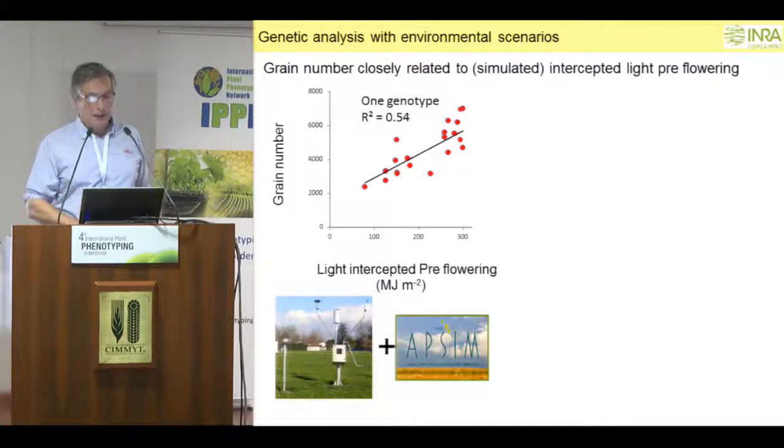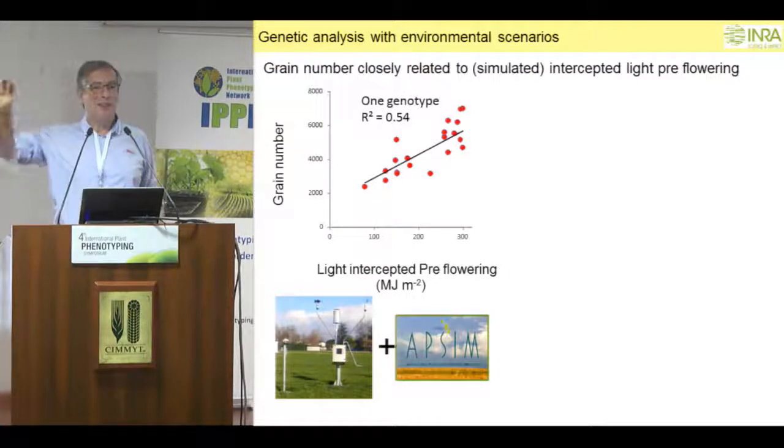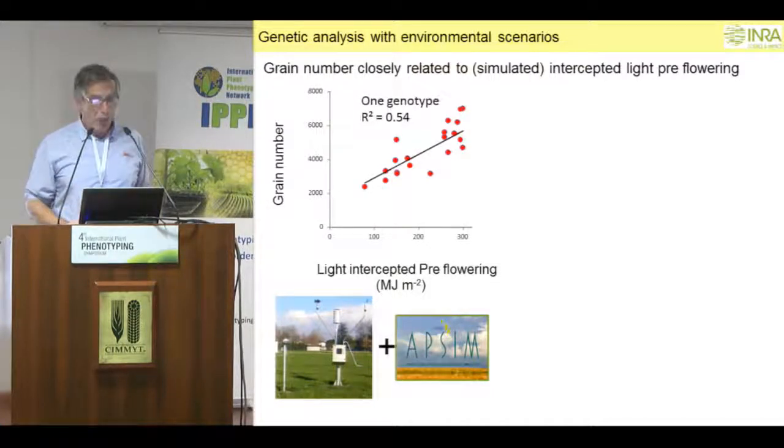We have modeled light intercepted pre-flowering with APSIM, and we have plotted grain number in front of it, and we see quite a nice regression. Each point is a field, as if it was different treatments in one big experiment, and we have a nice relationship for one genotype.